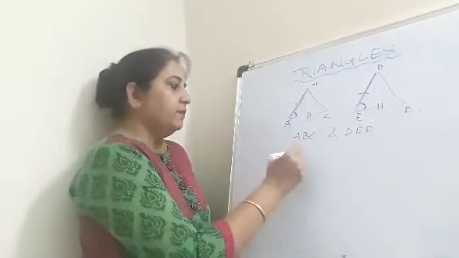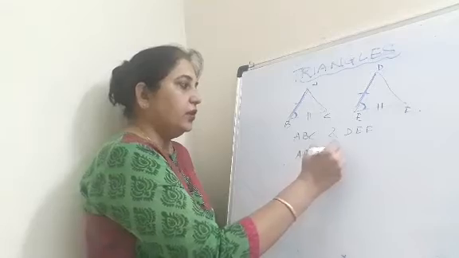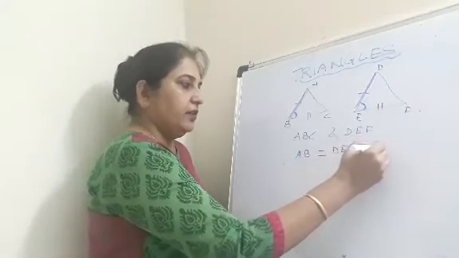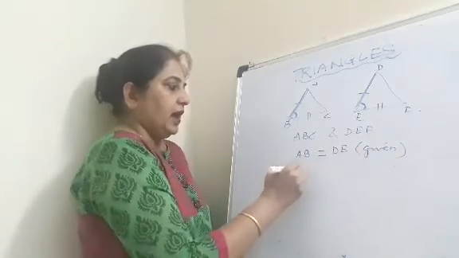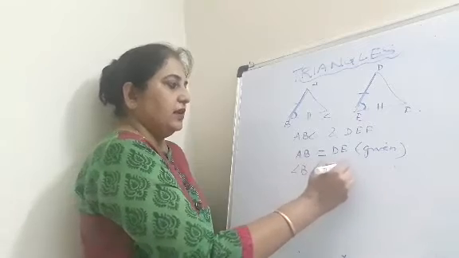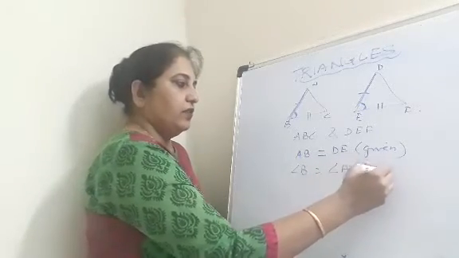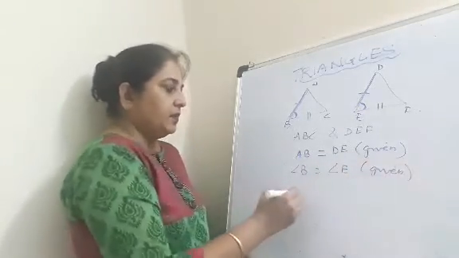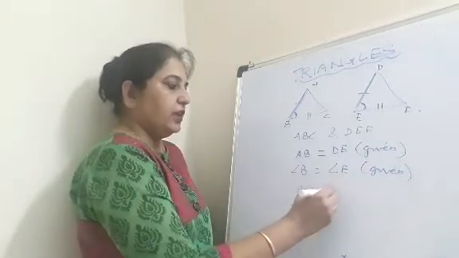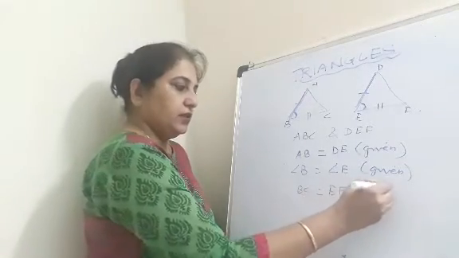So we will write AB is equal to DE, given. Angle B is equal to angle E, that is also given. And number 3, BC is equal to EF, which is also given to us.